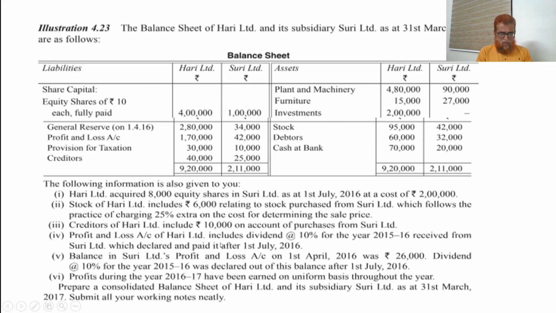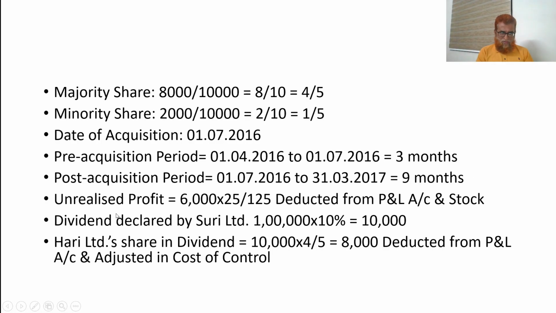Profit and loss account of Hari Limited includes dividend at 10% for the year 2015-16 received from Suri Limited. So Hari Limited's profit includes dividend received from Suri Limited, that is 10% dividend, which it declared and paid after 1st July, means after acquisition. So this can be analyzed as dividend declared by Suri Limited, that is Suri Limited's capital into 10%, which is 10,000 as dividend.